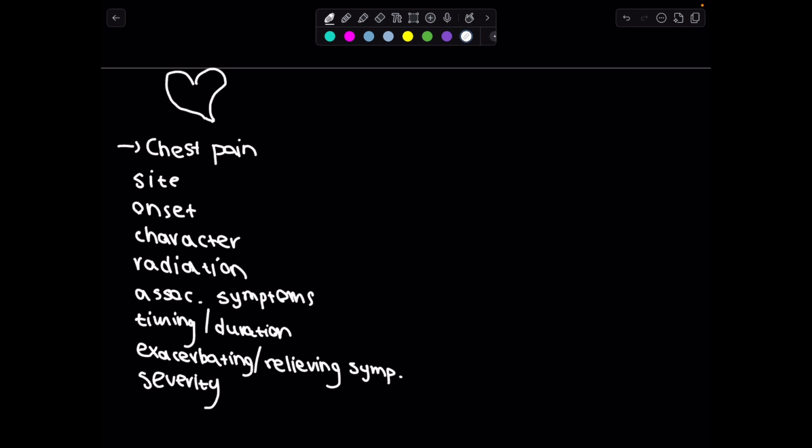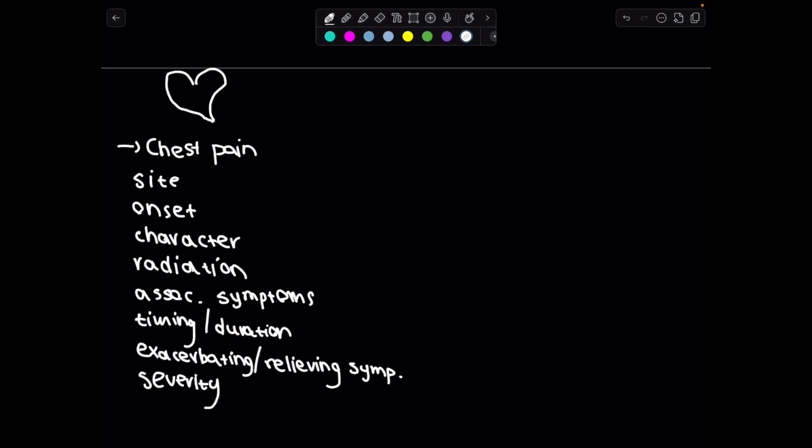Character: crushing, stabbing. Radiation: to jaw, shoulder. Associated symptoms: sweating, nausea. Timing: constant, intermittent. Exacerbating and relieving factors: worse with activity, better with rest. Severity: 1 to 10 scale. Add past medical history, risk factors, smoking, hypertension, and family history to flesh it out.